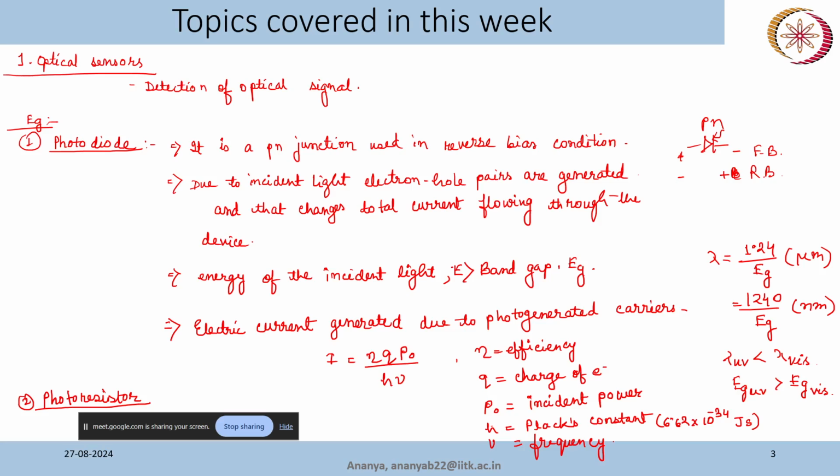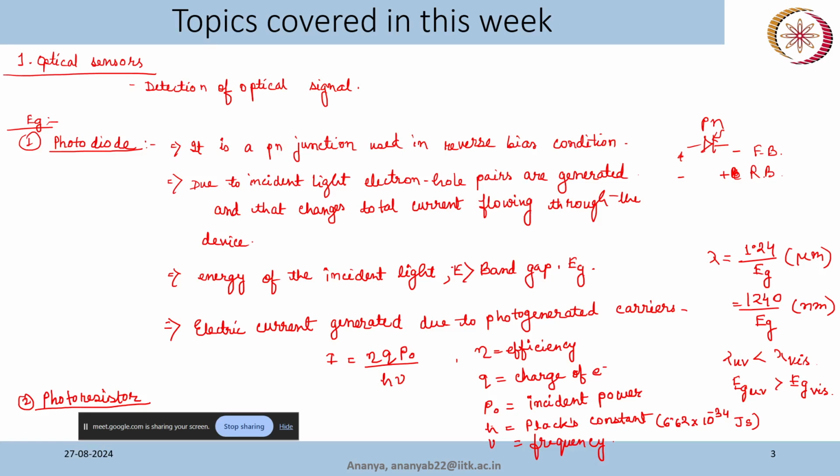Again, to change the resistance or conductance, the frequency of the incident light should be sufficient so that it can generate an electron hole pair. So a similar equation can be used in case of a photoresistor also.